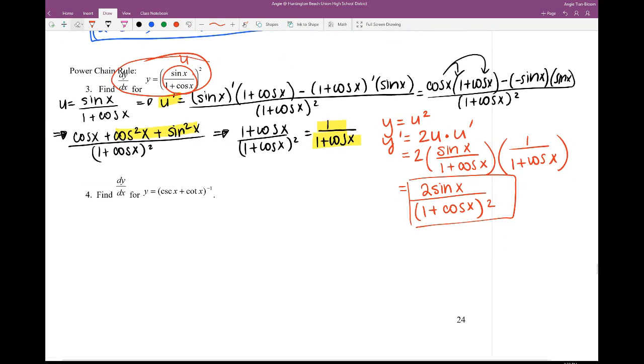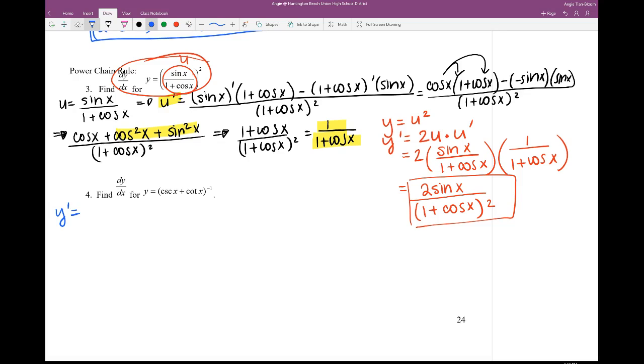All right, example 4. Find the derivative for y equals cosecant of x plus cotangent of x, to the power of -1. This time, you can use u substitution or you can just do it straight. If you do it straight, here's what it looks like. Because I used u substitution in example 3, you don't have to use u substitution.